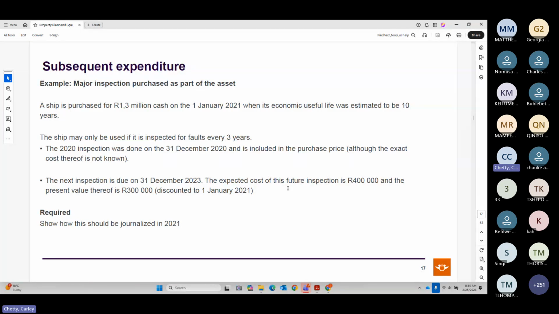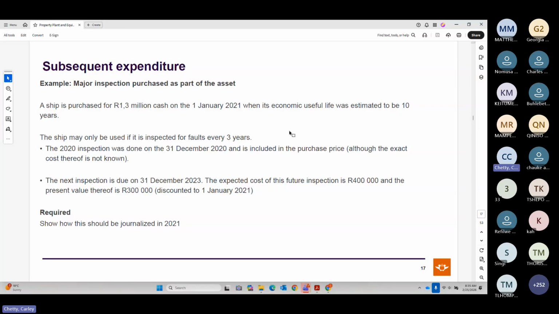Okay, so let's have a look at an example where we have a major inspection purchased as part of the assets. A ship may only be used if it is inspected for faults every 3 years. The 2020 inspection was done on 31 December 2020 and is included in the purchase price, although the exact cost thereof is not known.